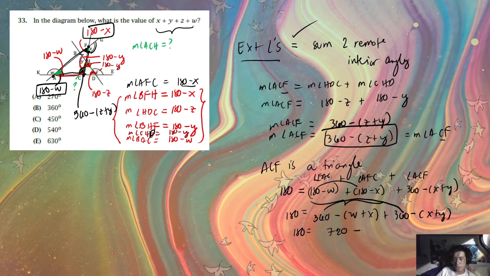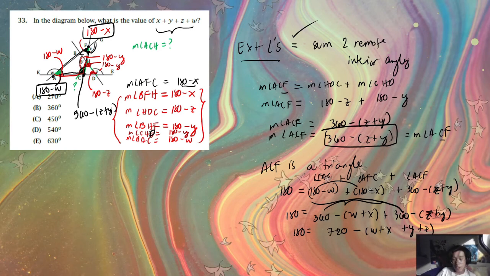And then we have minus quantity w plus x plus y plus z. So 720 minus quantity w plus x plus y plus z.